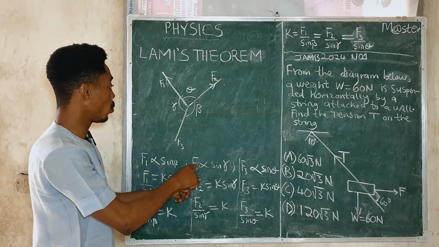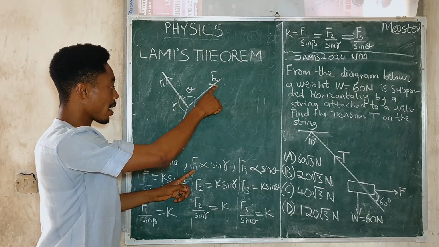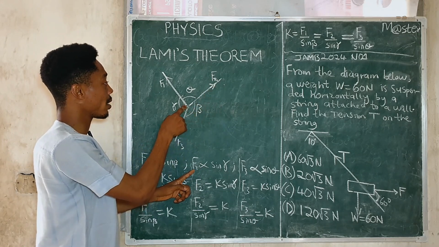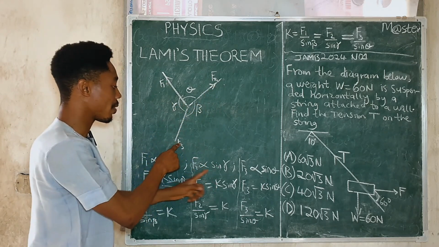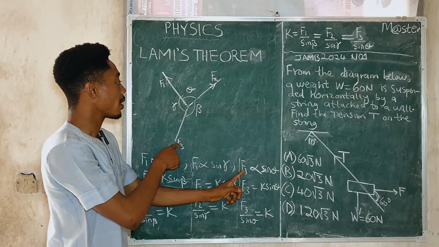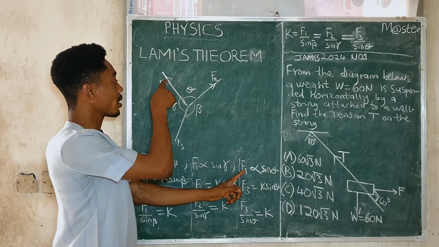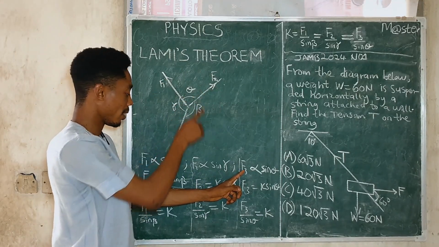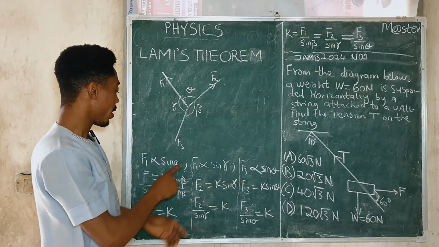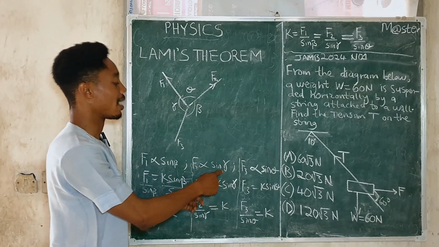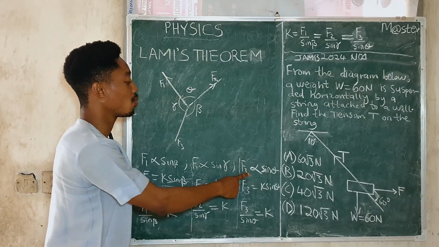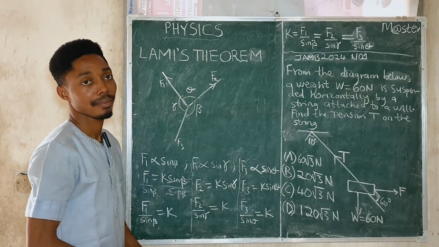For F2, the angle between the lines of the action of the other two forces, F3 and F1, is gamma. For F3, the angle between the lines of the action of the other two forces, F1 and F2, is theta. So Lami's theorem says that F1 is directly proportional to sine beta, F2 directly proportional to sine gamma, and F3 directly proportional to sine theta.